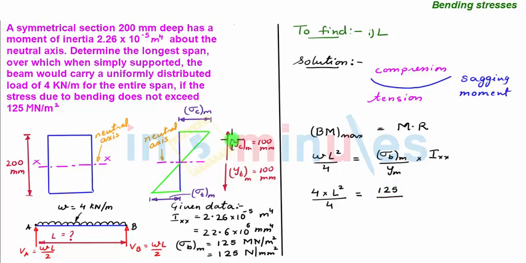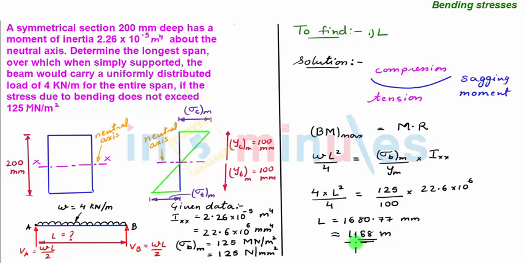Y max is the same for both compression as well as tension, equal to 100 mm, and this is multiplied by the moment of inertia of the section about the centroidal x-axis, IXX, whose value is already given, 22.6 × 10^6. Upon solving this, we get the value of L equal to 1680.77 mm. So this is equal to 1.68 meter.